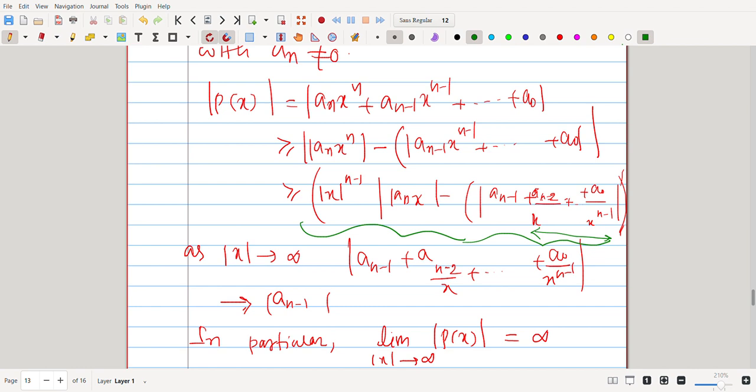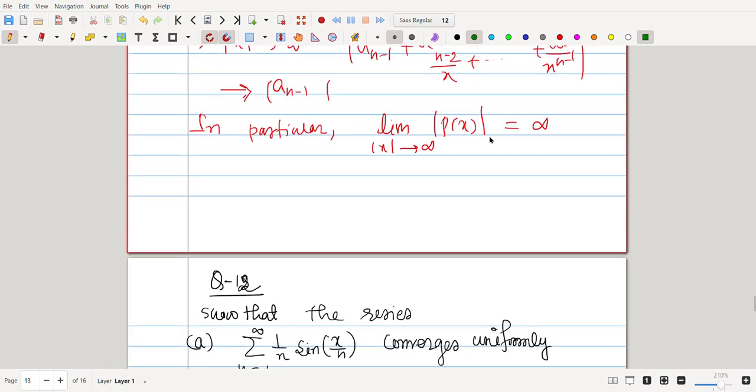Now you can do it by an epsilon-delta argument also, or by using that p(x) is of the order of x to the n. You can do that in that way also, but ultimately all the arguments are the same. So this is the thing. Okay, and go to the next part.